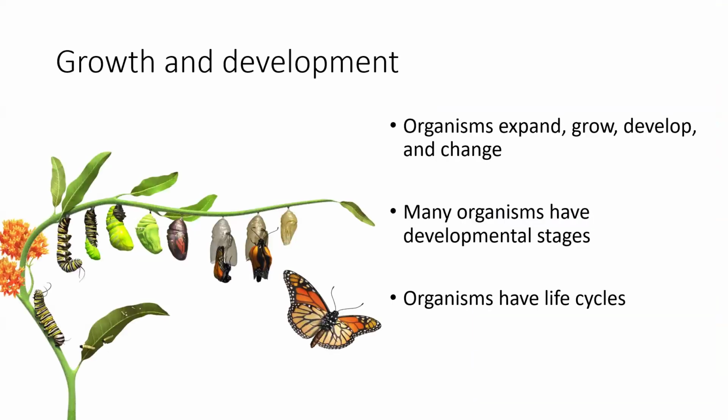Next up, growth and development. All living organisms have some amount of expansion, development, growth period. Typically, inherited information is what's going to dictate how organisms grow and develop. So the genetic material that an organism has is going to predict the changes it will go through. Now, this figure here is showing the metamorphosis of a butterfly.